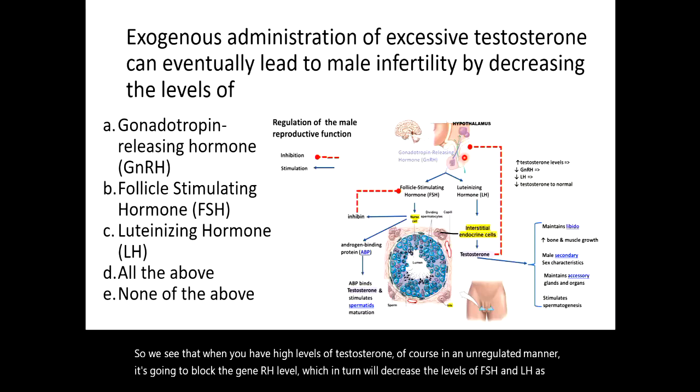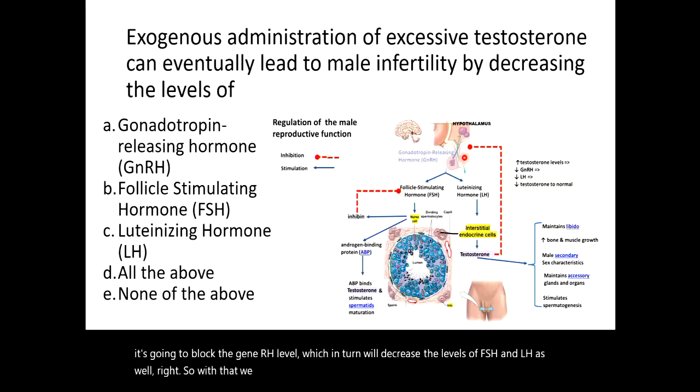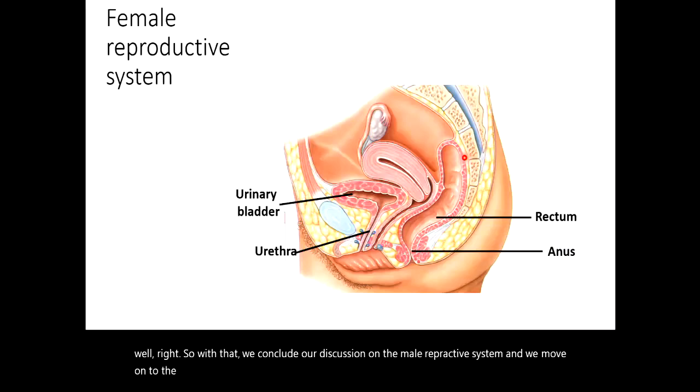All right, so with that, we conclude our discussion on the male reproductive system, and we move on to the female reproductive system. I told you that the various parts of the reproductive system can be divided into 4 groups.